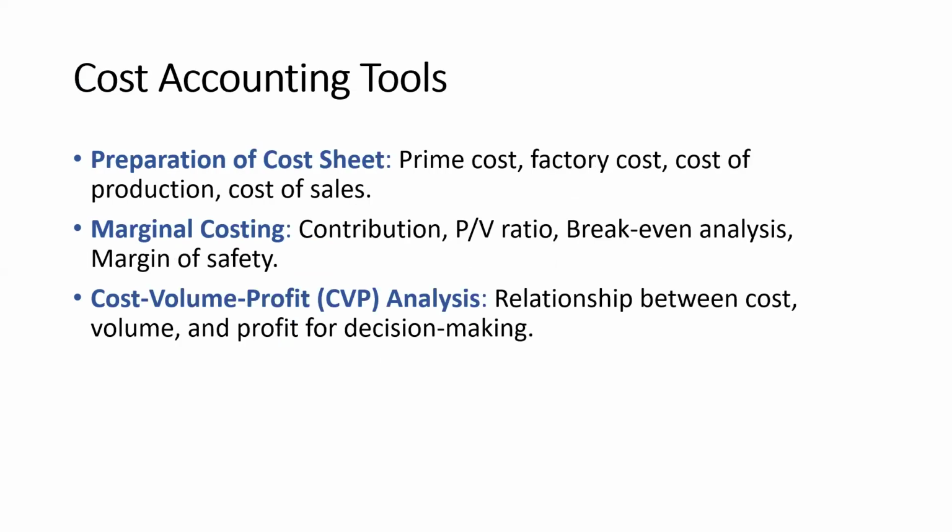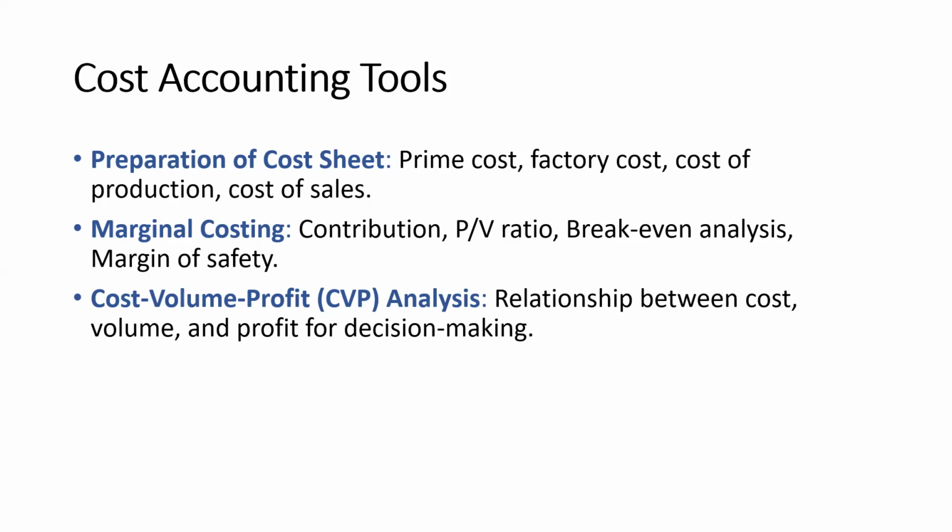Now, cost accounting tools. Cost accounting tools are used to prepare a cost sheet. There is an accounting called cost accounting. If you have done your BCom, then you know that there are many types of accounting that we learn in BCom: financial accounting, management accounting, and cost accounting.